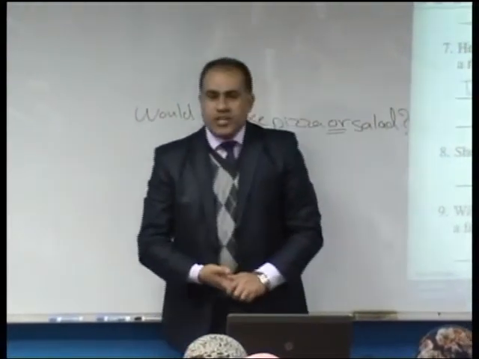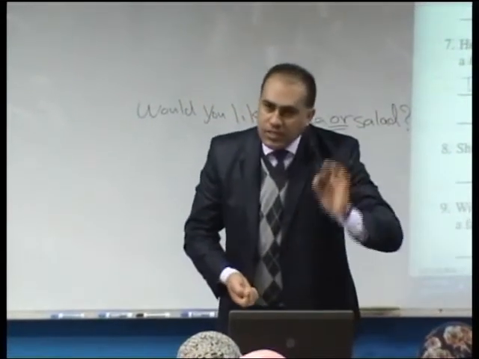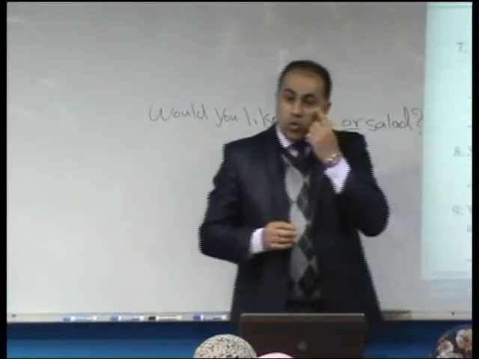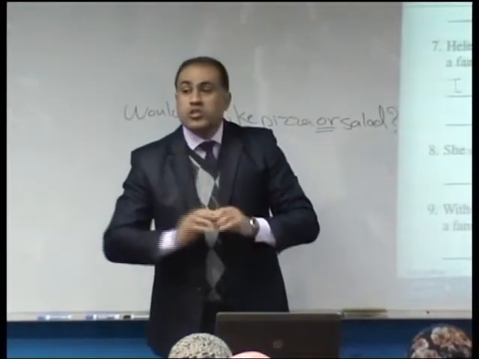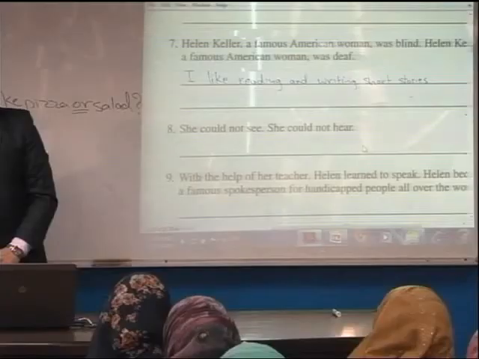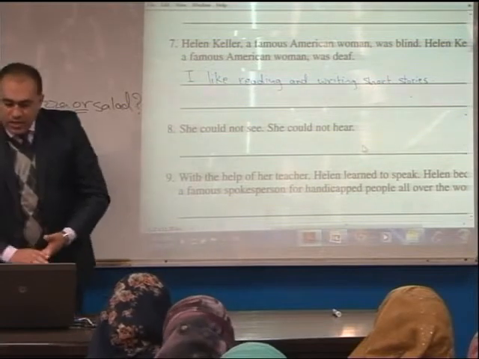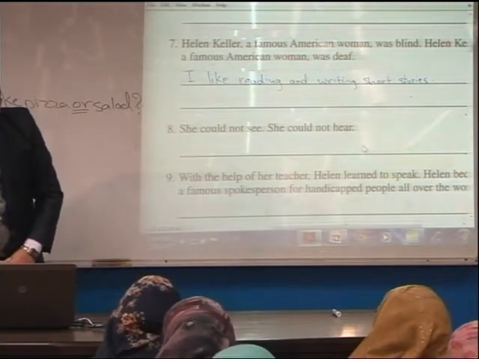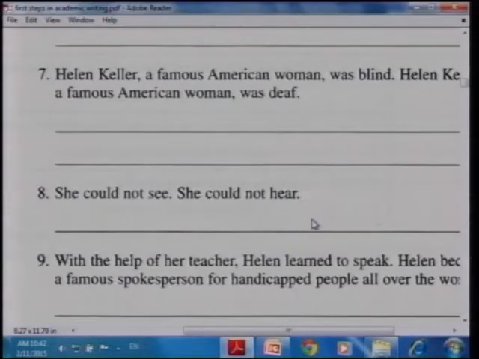Okay, very nice. Now just the last thing: we can also use "and" or "or" not only to join words, we can also use them to join sentences. Let's look at the next page, page 25. There are examples of using "and" to join two sentences.